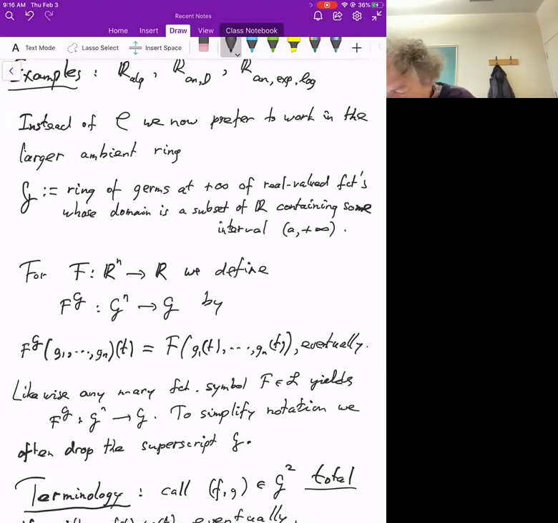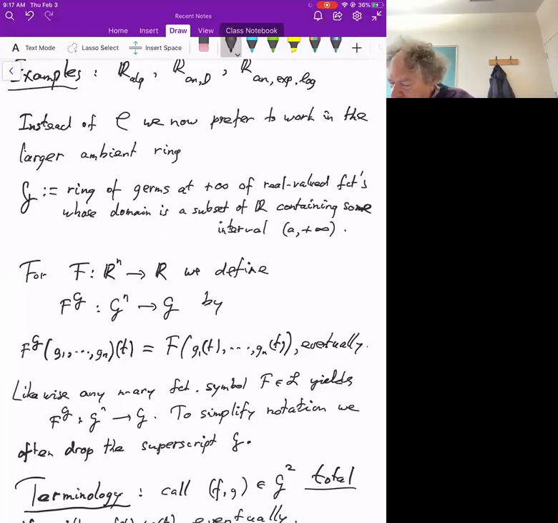If you plug in n germs, g_1 up to g_n, then for large t, F^G(g_1,...,g_n) will be F(g_1(t),...,g_n(t)). So eventually you have this equality. And again, it doesn't really matter which representatives g_i of these germs you take. This defines the operation F^G, the Henson operation on script G, unambiguously.